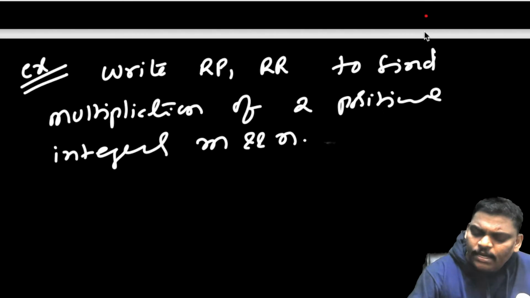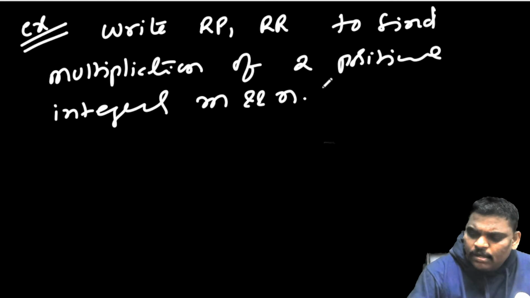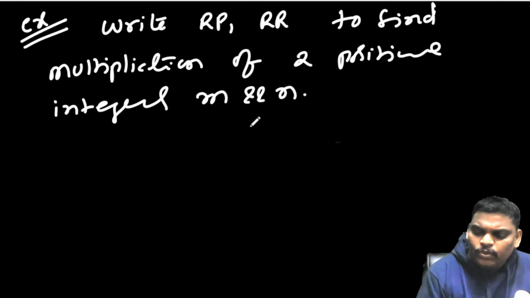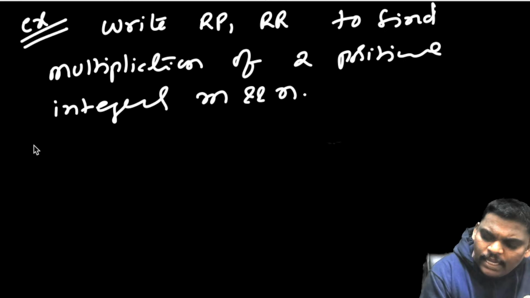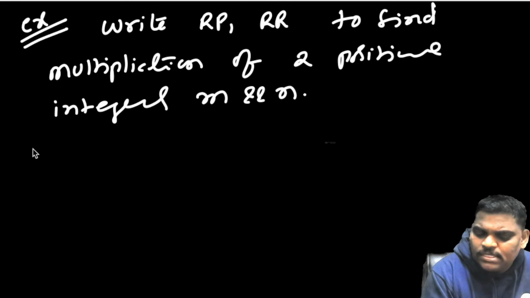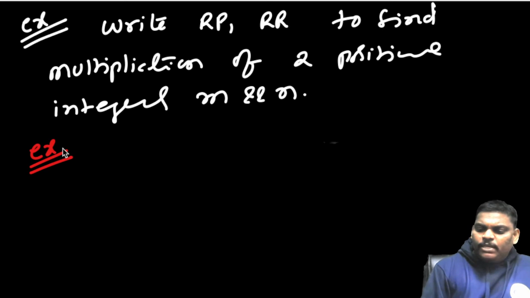If you want to write the recursive program, recurrence relation, to multiply 2 positive integers m and n, first take one example.